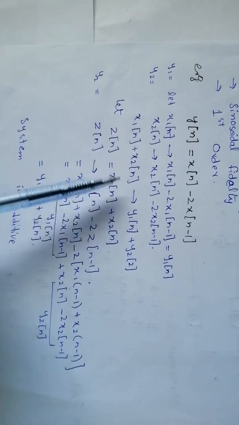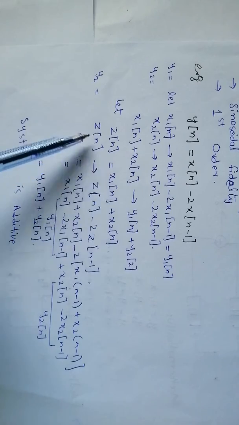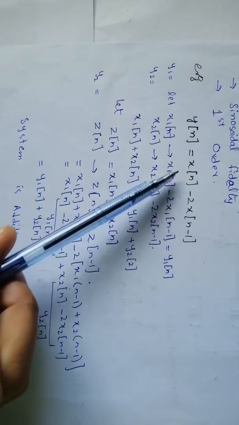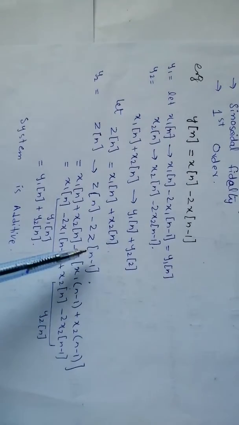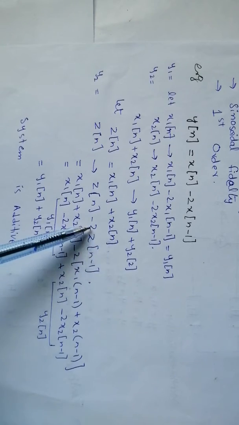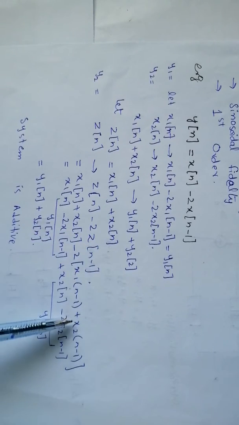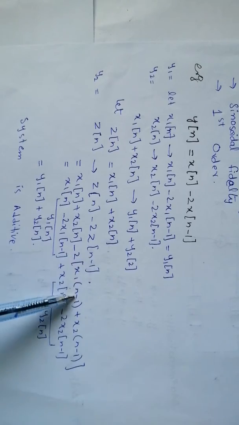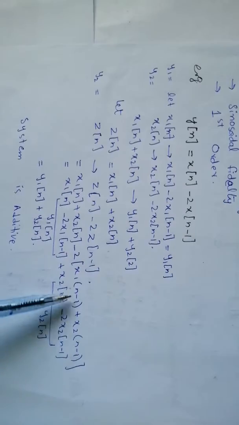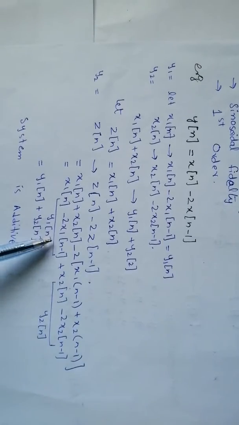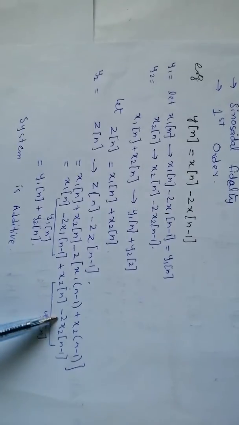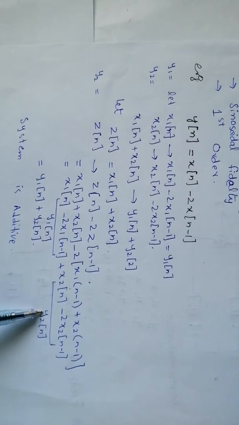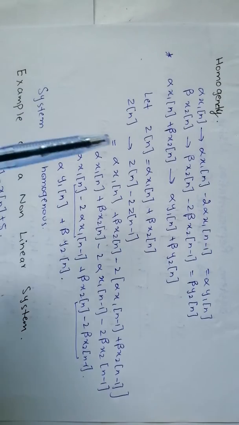So we let z of n equal x1 of n plus x2 of n, and z of n will give z of n minus 2 z of n minus 1. Here z of n equals x1 of n plus x2 of n, so we put x1 of n minus 1 plus x2 of n minus 1. When we separate them, we see that it is the sum of these two chunks, y1 of n and y2 of n. So the system is additive.